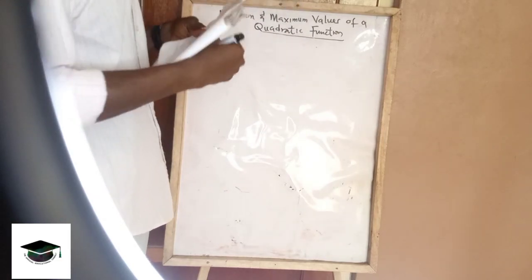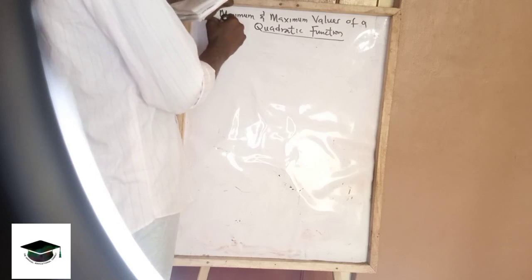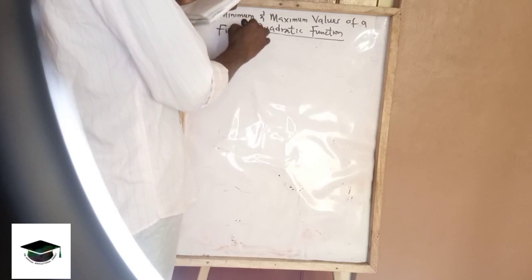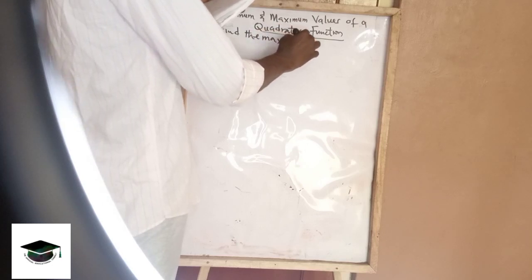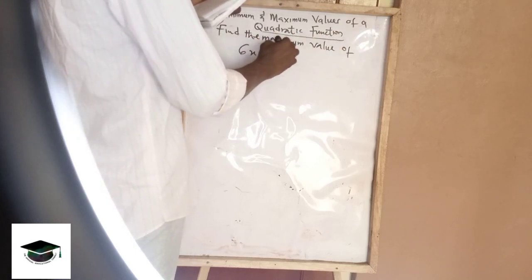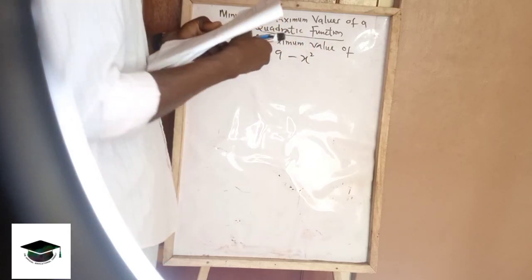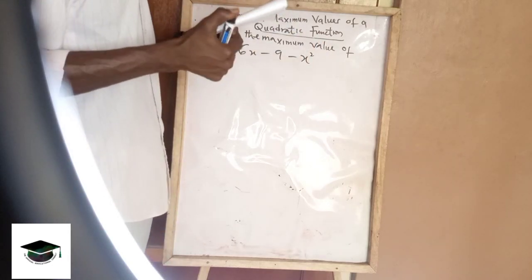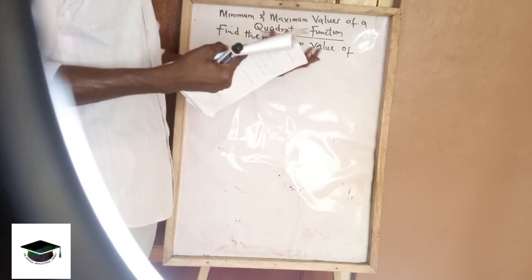Now, another question here says find the maximum value of 6x minus 9 minus x squared. Now, find the maximum value of this.